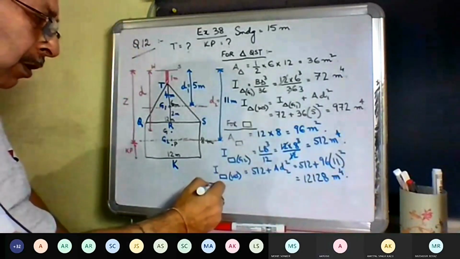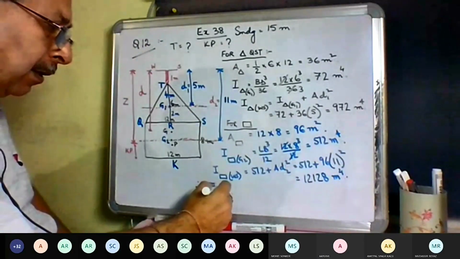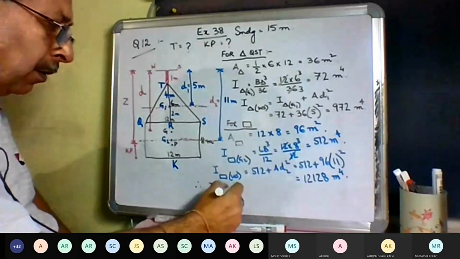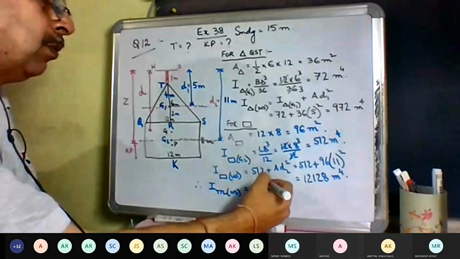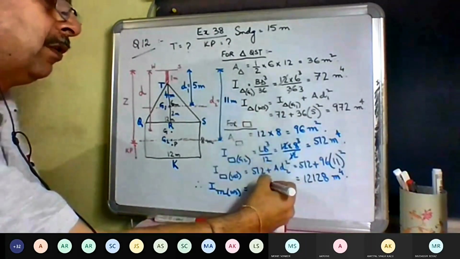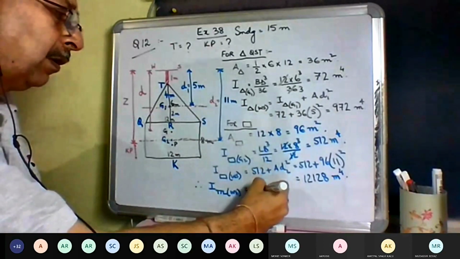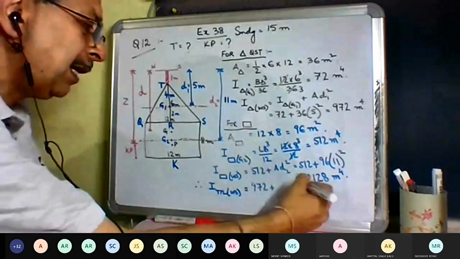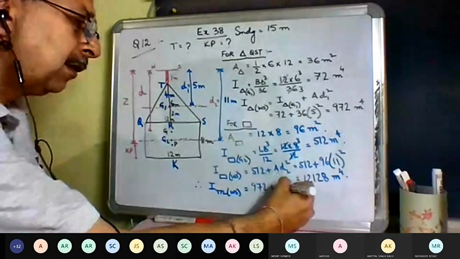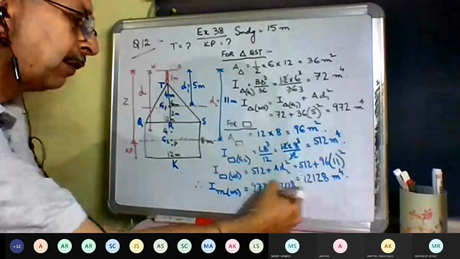Therefore, I total about WS will be equal to I triangle about WS, 972, plus I rectangle about WS, 12128.